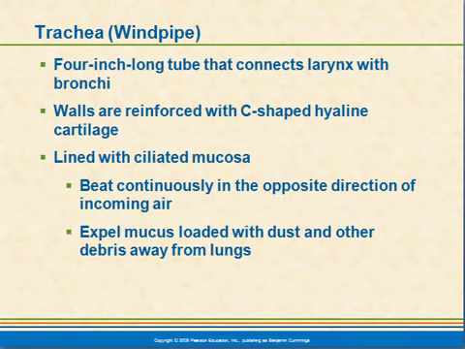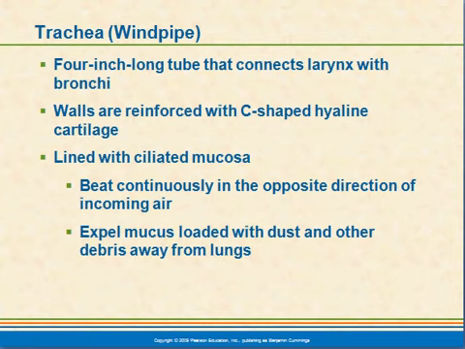It's also reinforced with C-shaped cartilage, and those cartilages are the shape they are so that when we swallow, the esophagus can actually move into the trachea just a little bit. It's lined with ciliated mucosa, which beat constantly in the opposite direction to bring any dust and other debris out of the lungs.